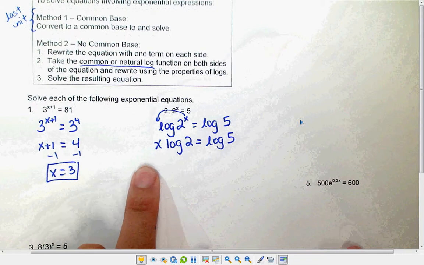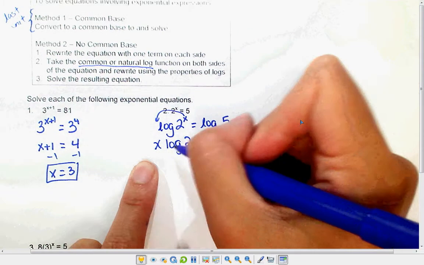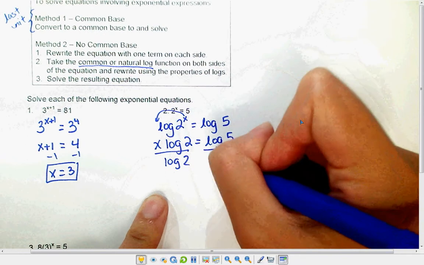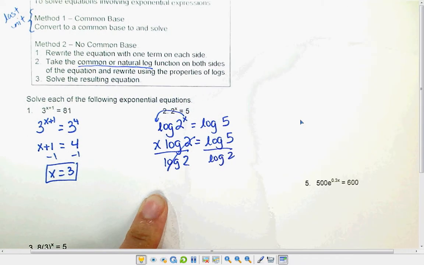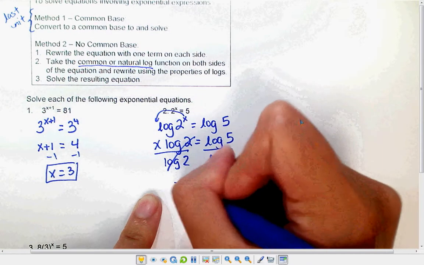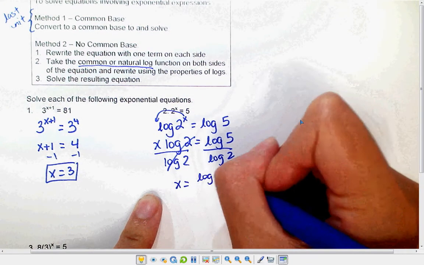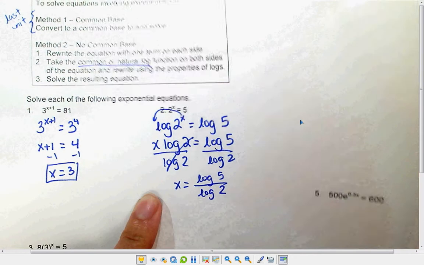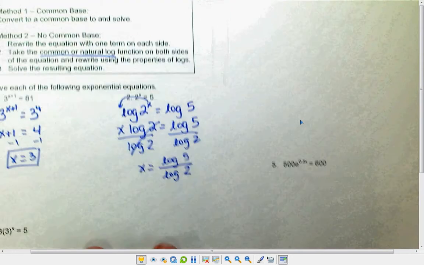And now to solve for x, we're trying to get x by itself. So we just need to get rid of log 2 by dividing by log of 2. So x is equal to log of 5 divided by log of 2. And this is now where we're going to take out our calculators to get an exact answer for this one.